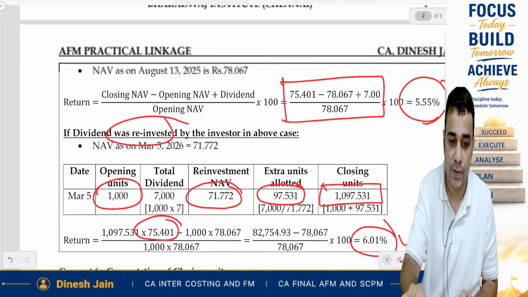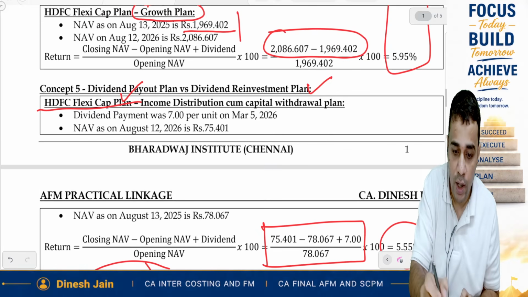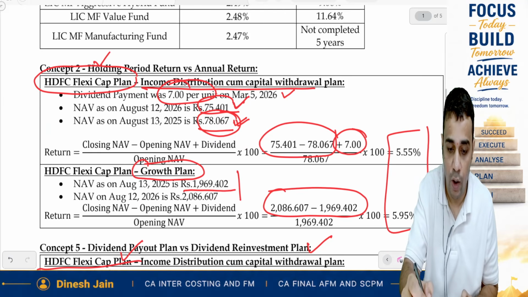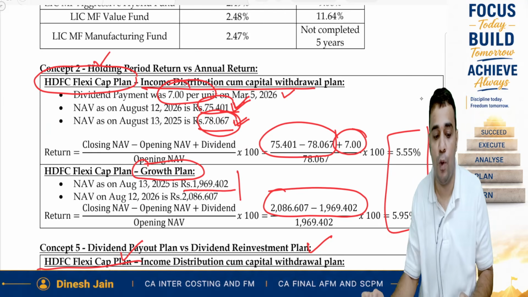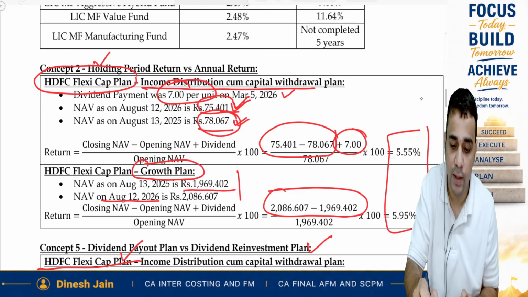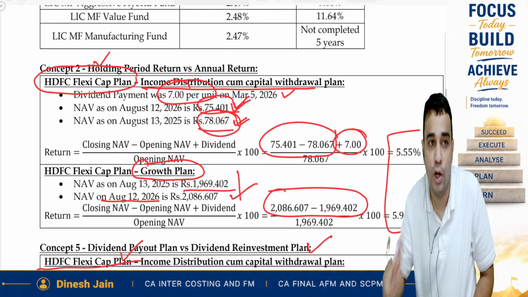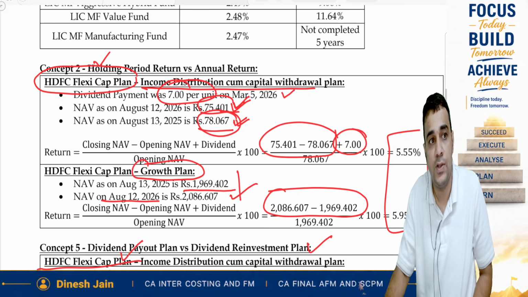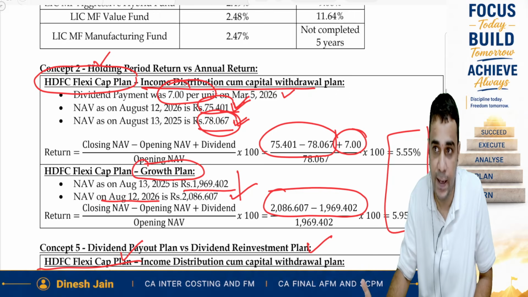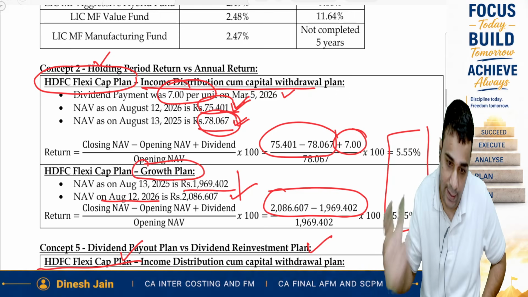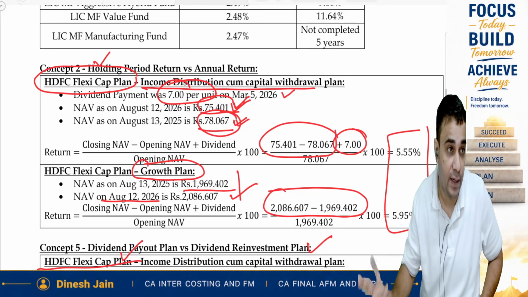same date, August 12, 2026, 75.401, same August 12, 2086.607, same date, two different NAVs, same HDFC Flexi Cap. 2086 and 75. Why is it different?